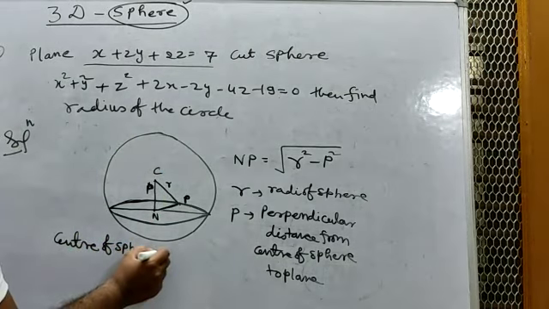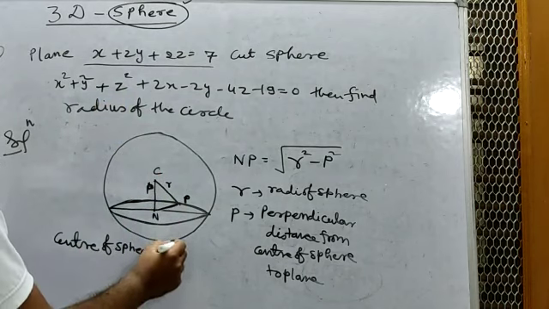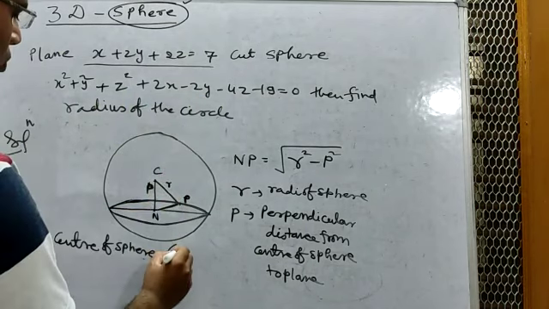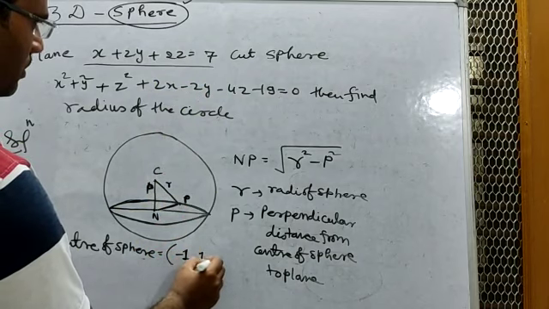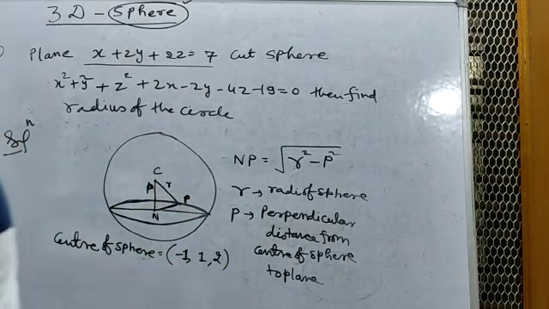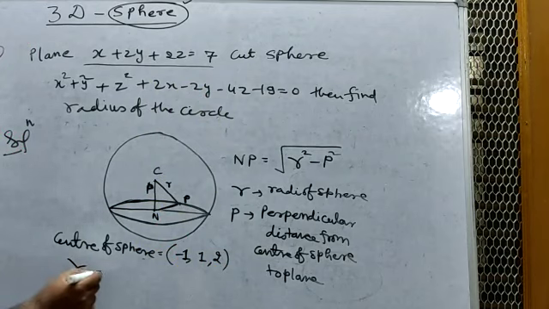The center of the sphere will be minus u, minus v and minus w. So here we will get minus 1, 1 and 2. That will be our center. And what will be the radius of the given sphere?